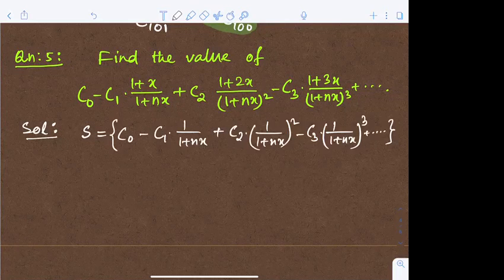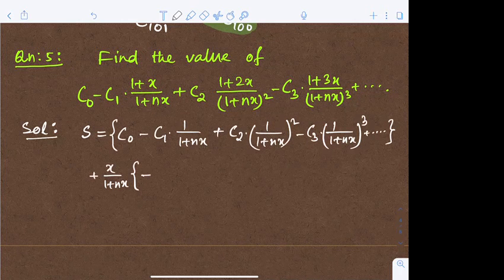And the other part is, if I take x by (1 plus nx) common, what will I get?